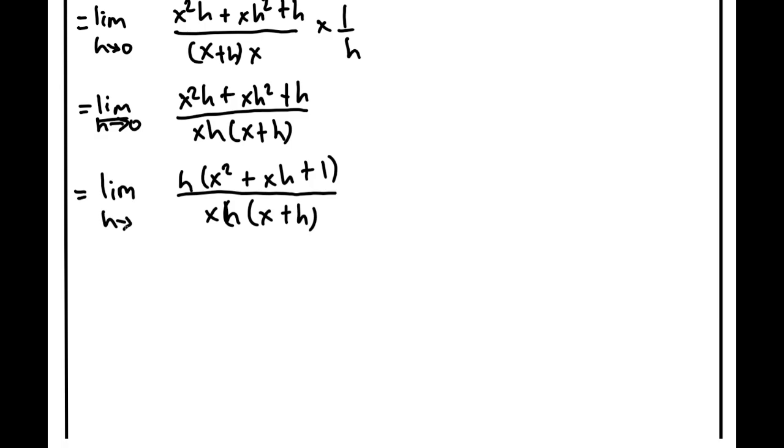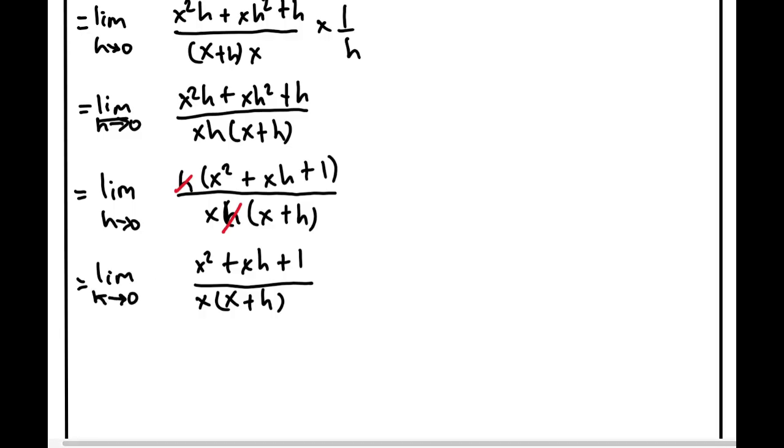Limit h approaches 0. Now that we have this, h and h here can cancel out, leaving us with x squared plus xh plus 1 over x plus h and x here. This is limit as h approaches 0.